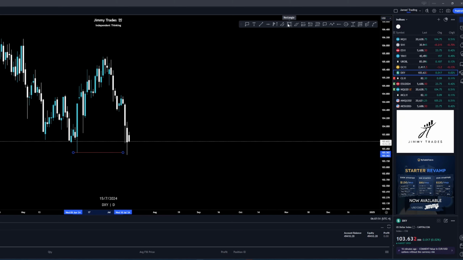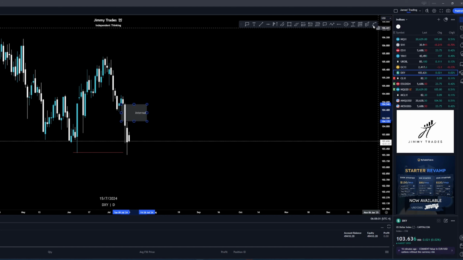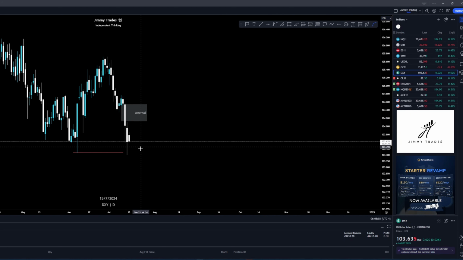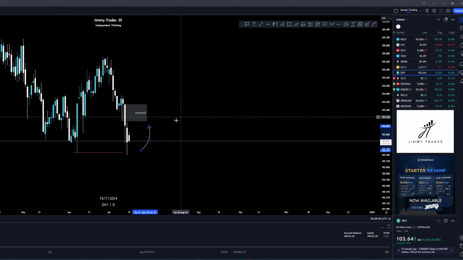And we have internal above. So with that said, I'd be looking to see price moving to internal.